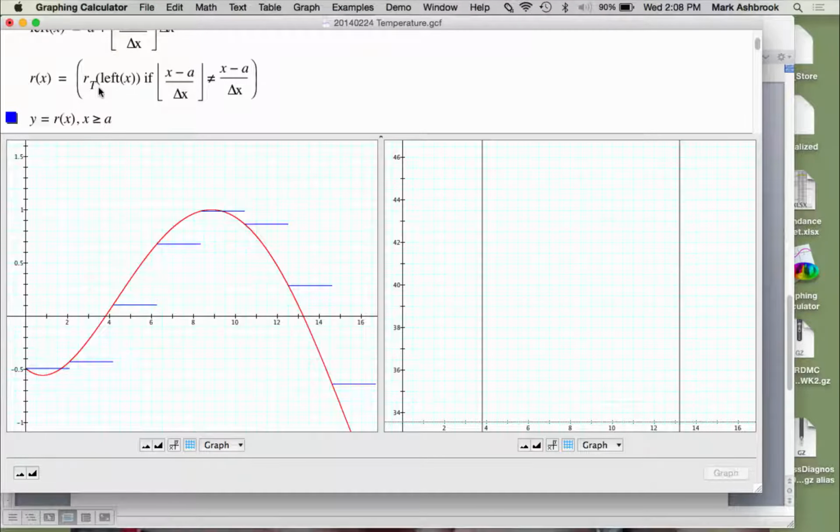Okay, so that's this rate function, this approximate rate of change function, the blue one. Because we can't build accumulation without constant rate of change. We need constant rates.